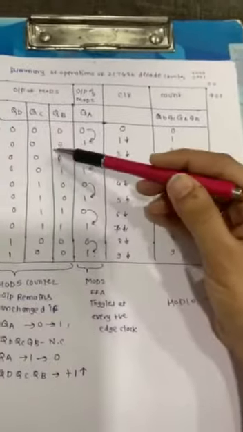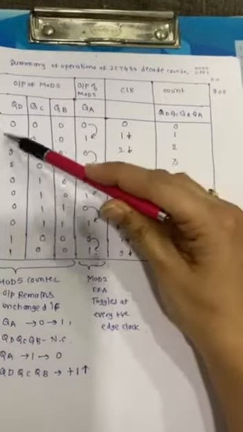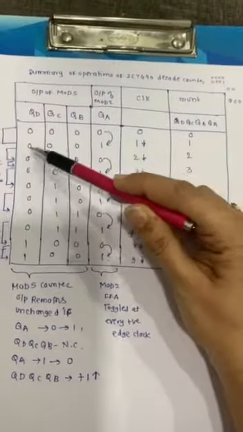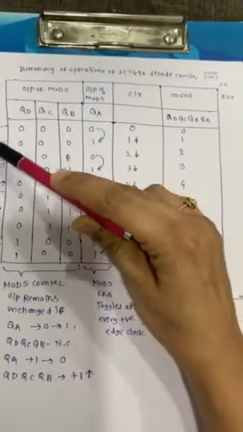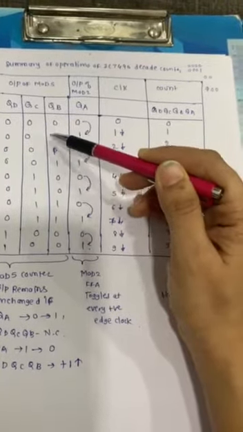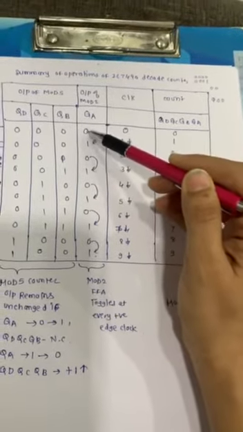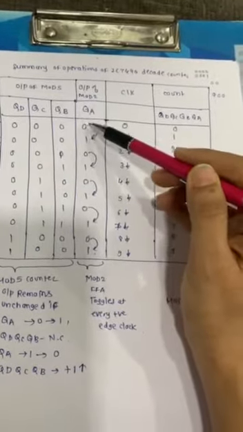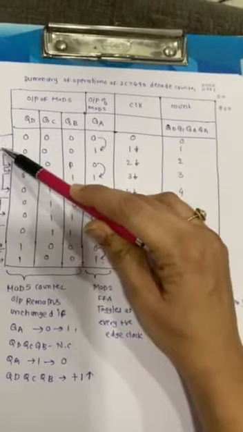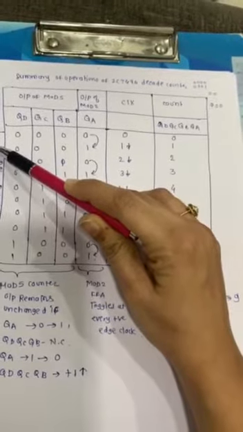In the mod 5 counter the output remains unchanged, 0 0 0, when QA changes from 0 to 1. Whenever QA changes from 0 to 1, there is no change in the mod 5 counter.